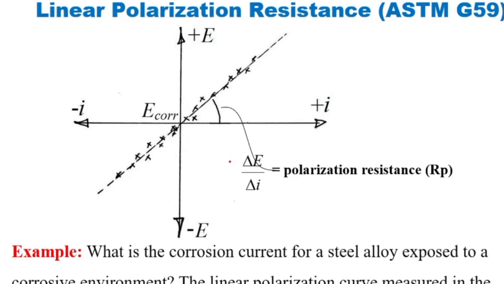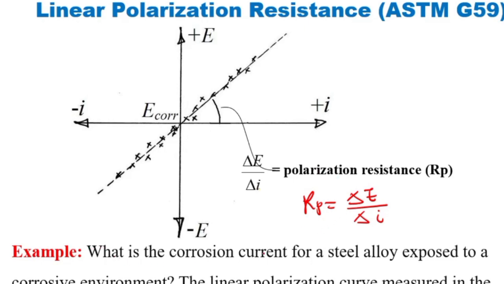The value we need is Rp, the polarization resistance, which is the change in E over the change in current density. So we find the gradient of this linear graph, which gives the change in E over change in I, and we get the polarization resistance.